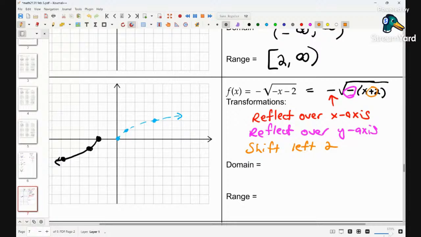What is the domain of this graph? Well, I can't act this way, so I'm forever negative, but I can trap it right here, up to -2. And then that's it, there's nothing else.